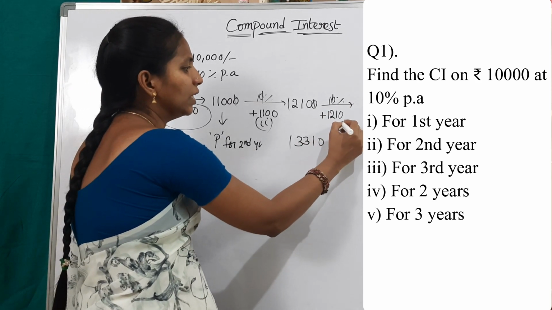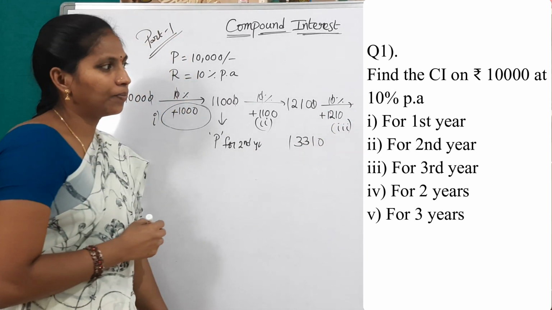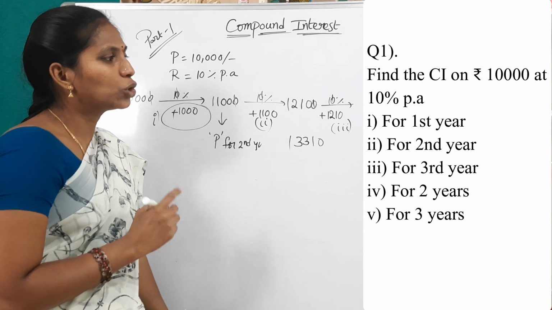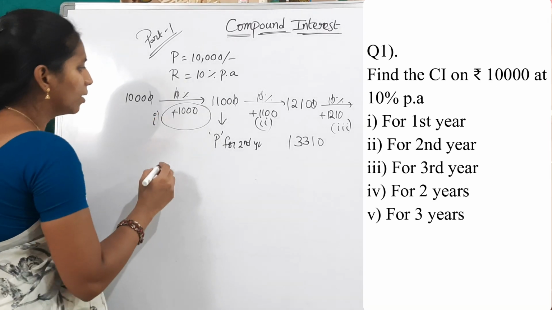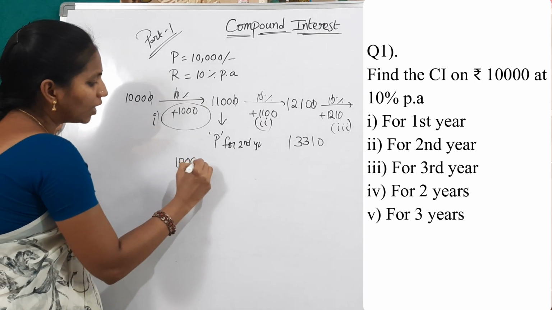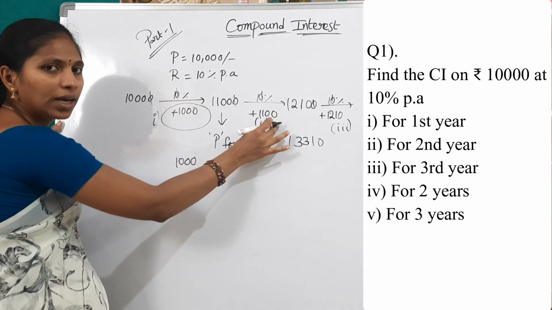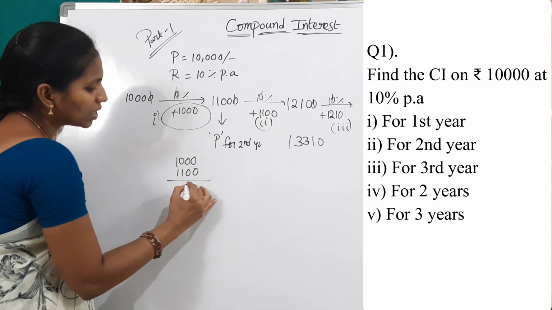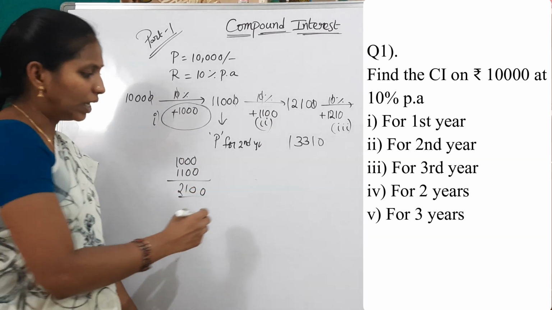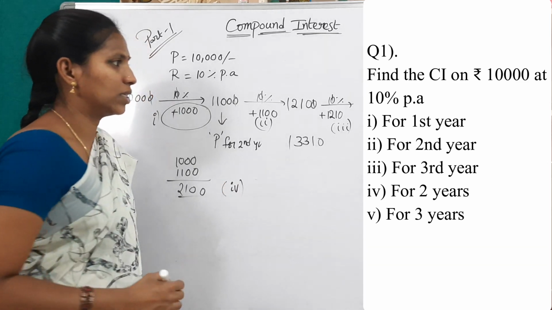This is the third year compound interest. Now the fourth sub question, for 2 years. What is the compound interest for 2 years? You have to add the first year compound interest and the second year compound interest, 1000 and 1100. Then what is the result? 2100. This is the answer for the fourth question.